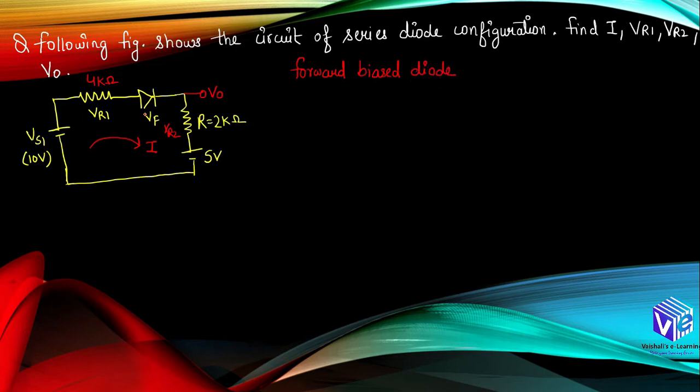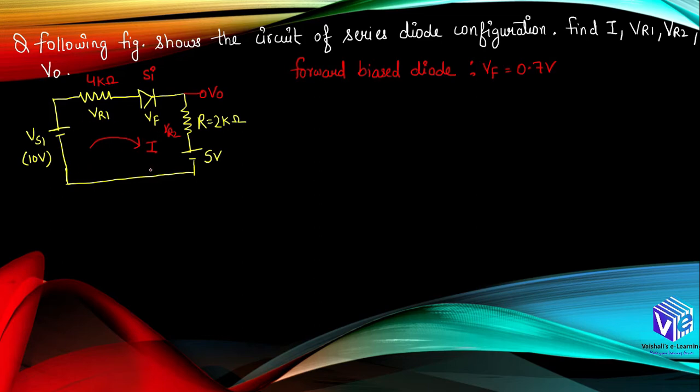Diode here is forward bias, and in the forward bias configuration, it is known that VF is equal to 0.7 volt for silicon. Now we will be considering the silicon diode, so VF is 0.7 volt.